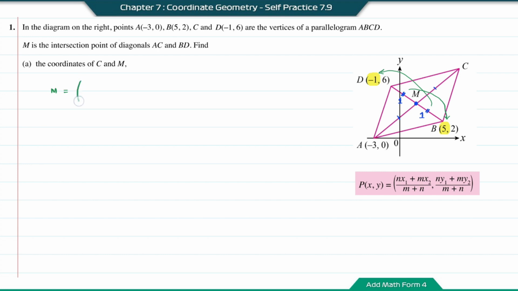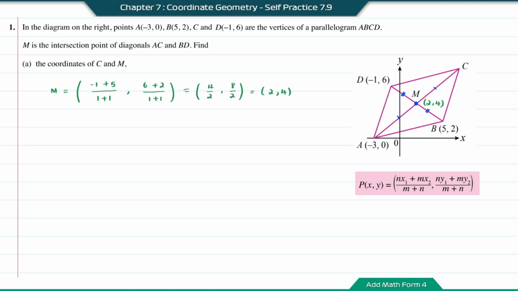So for the coordinate M, the x coordinate will be -1 plus 5, then divide by 1 plus 1, which is the total ratio. And for the y coordinate, it will be 6 plus 2 divided by 1 plus 1. So this is equal to 4 over 2 and 8 over 2. Simplifying this, you're going to get 2, 4.